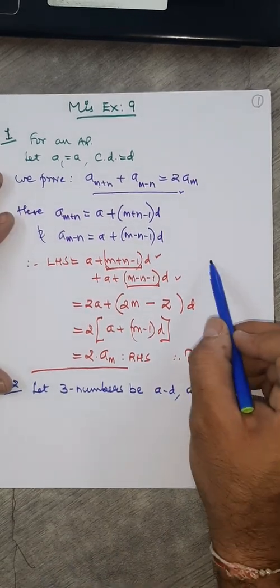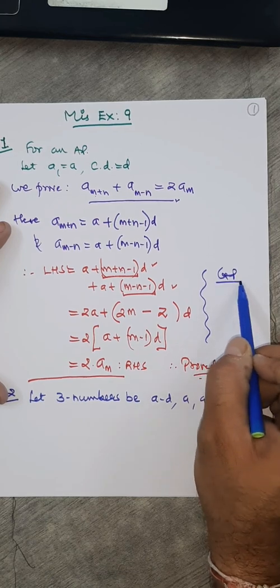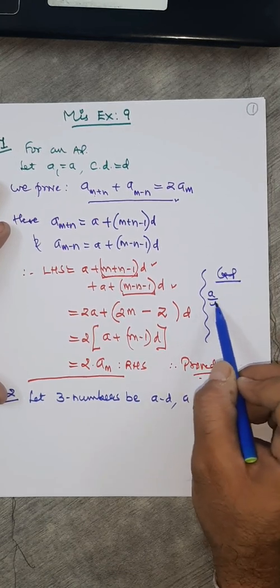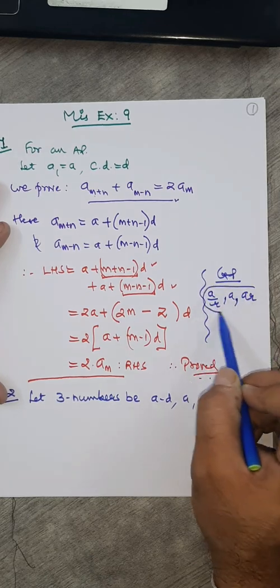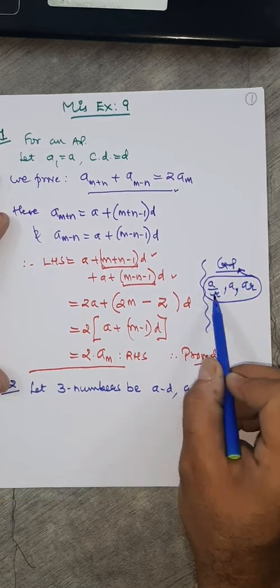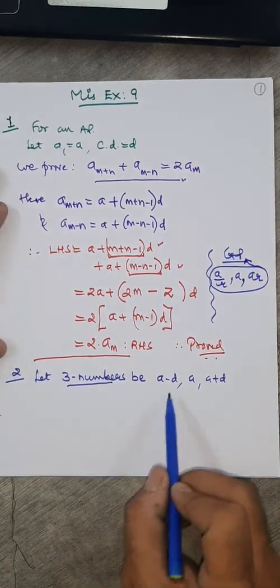In a GP, if you remember, we had selected the three numbers as a by r, a and ar. This way we select the three numbers in a geometric progression. For an AP, we select three numbers like this.